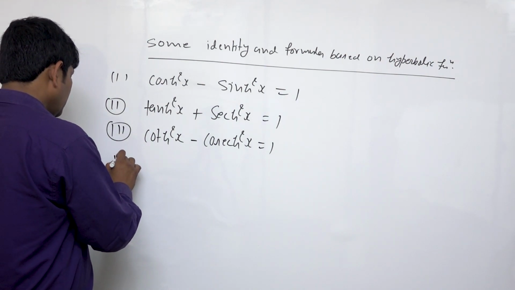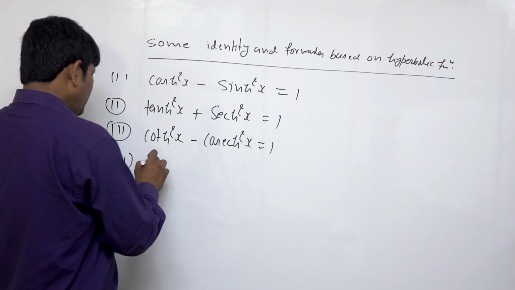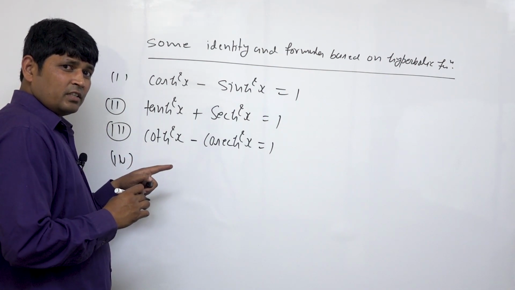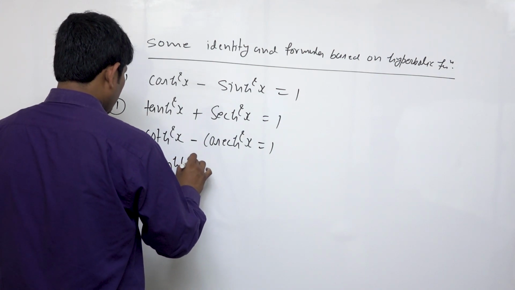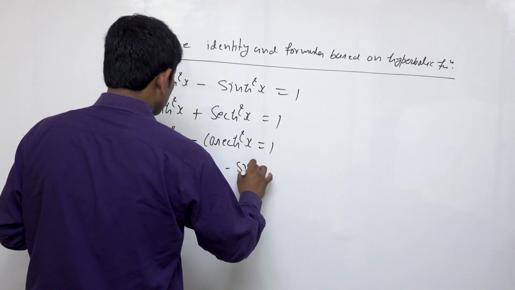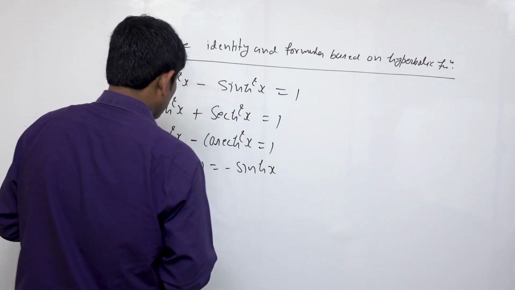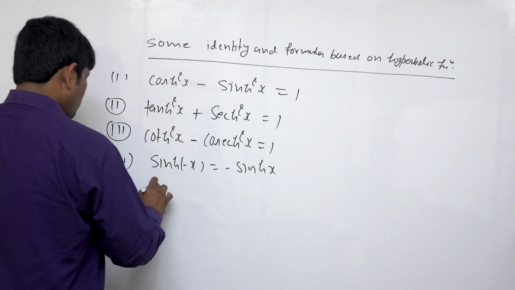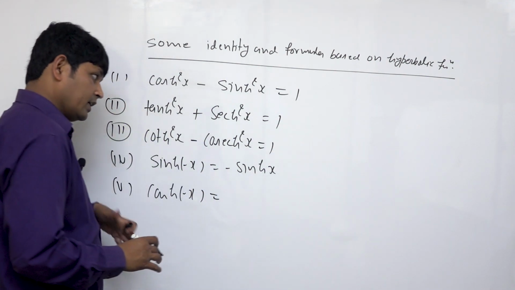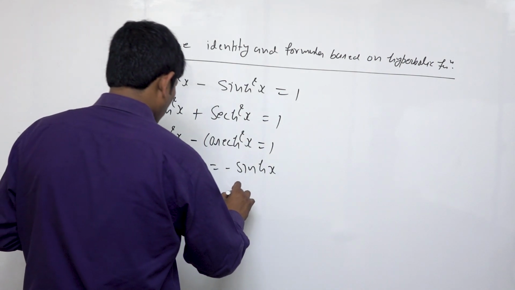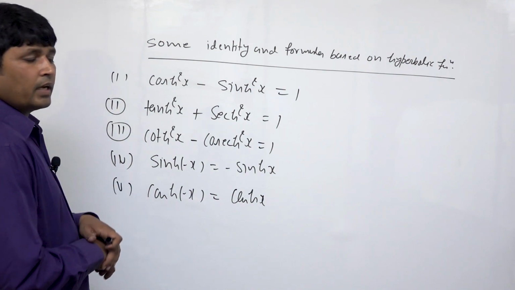Another case is sine. Generally sin(-theta) is equal to minus sin theta. So the same case is there: sinh(-x) is equal to minus sinh x. Five, cosh(-x), as in the previous rule, is cosh x.